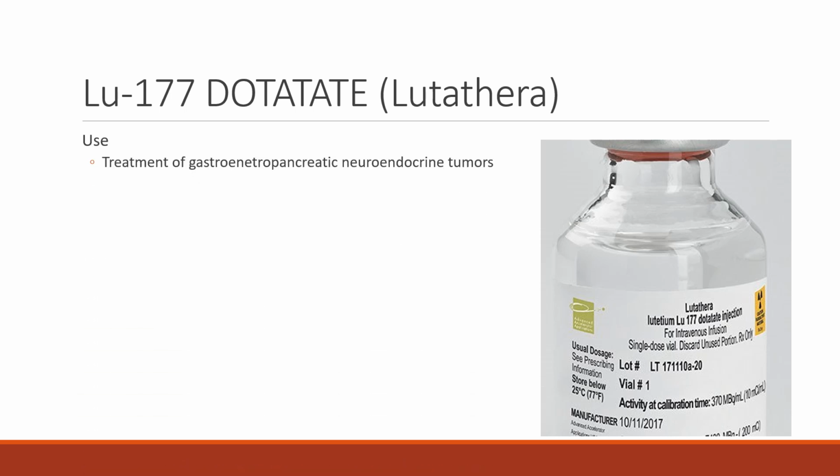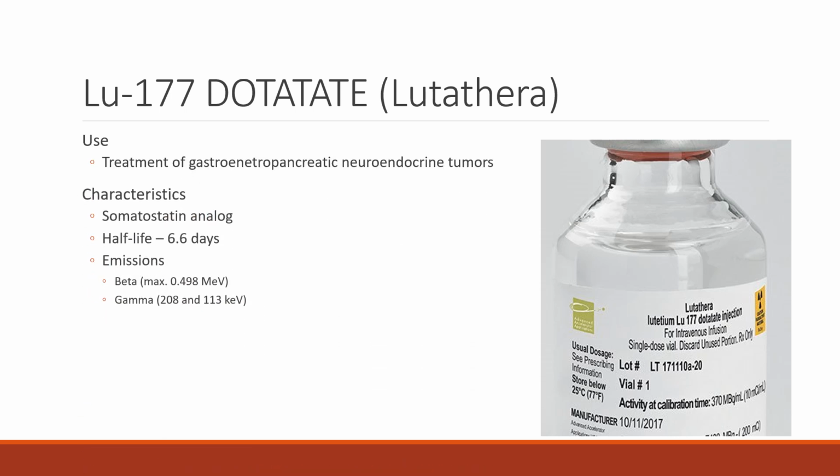So Lutathera, the treatment is for gastroenteropancreatic neuroendocrine tumors. I said that real slow and weird to break it down for you. Gastro is stomach, entero is small intestine or intestines, and pancreatic is your liver. Just kidding. Pancreatic is your pancreas.